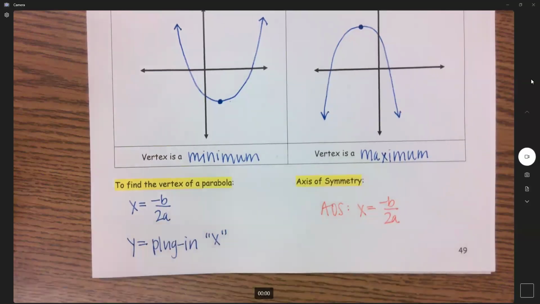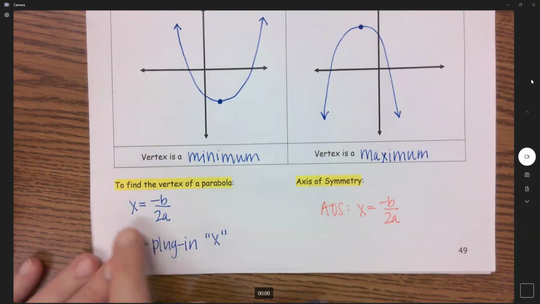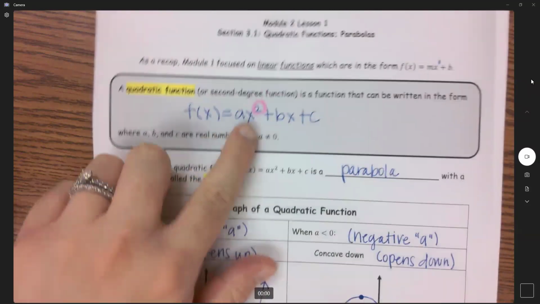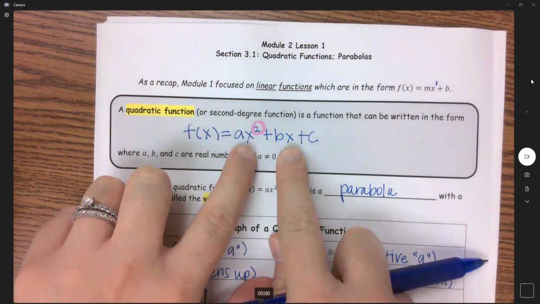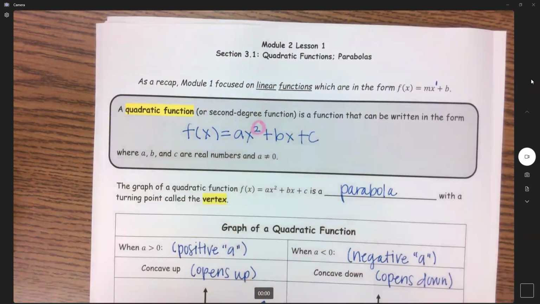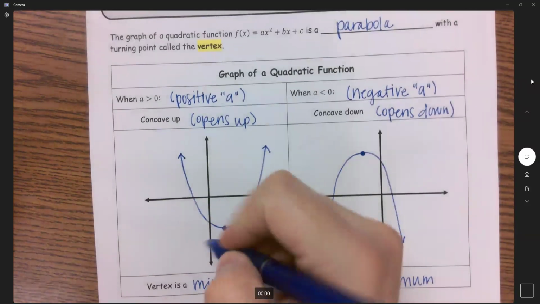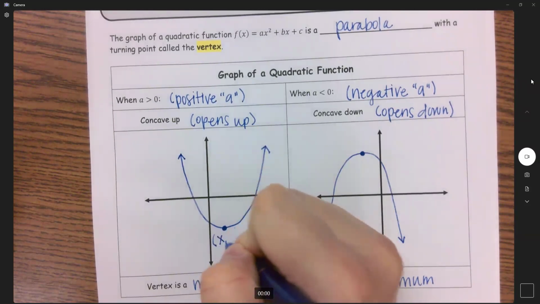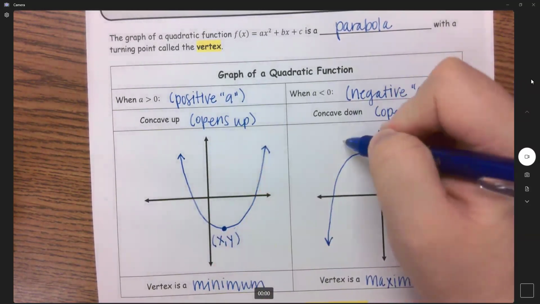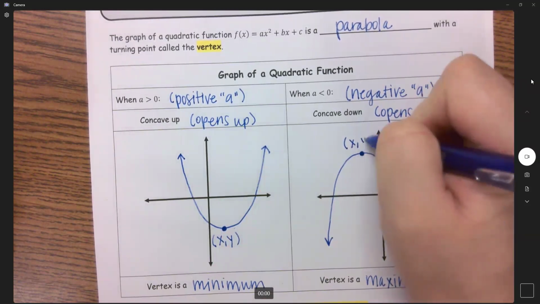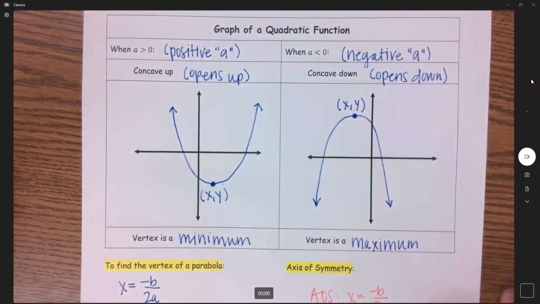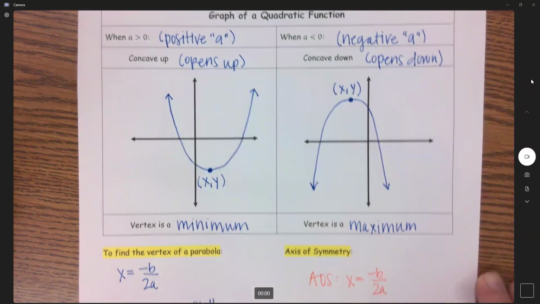That's going to give you half of the vertex, your x coordinate. Then you're going to take that x coordinate and plug it into your equation for these x's to get your y coordinate. And so these vertices will always be in the form of x comma y, where we're finding our x point first and then our y.